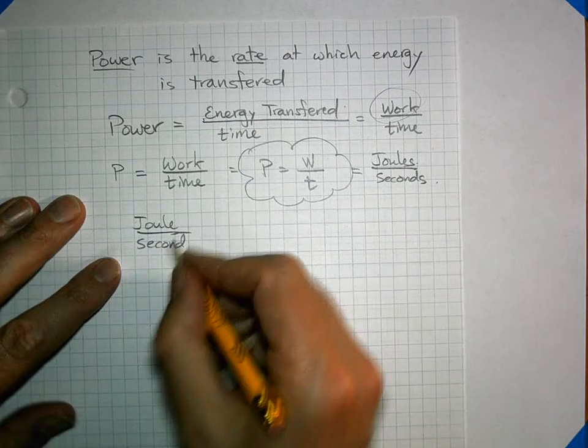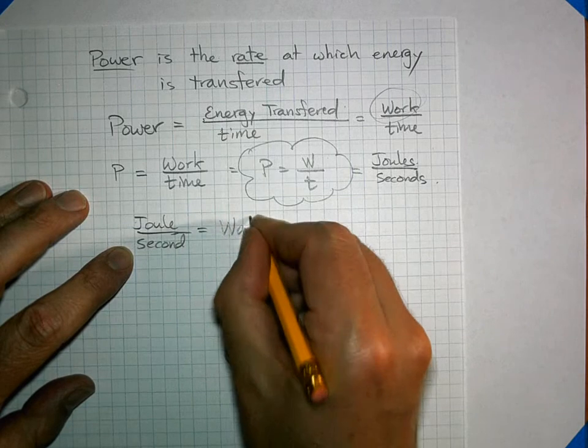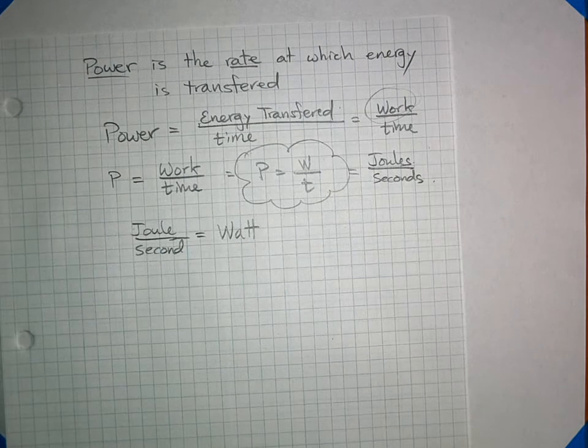A joule per second, we call that a watt. Not a what, but a watt. W-A-T-T, named after a physicist named Watt. I don't know what he discovered, but anyway, it's a watt.